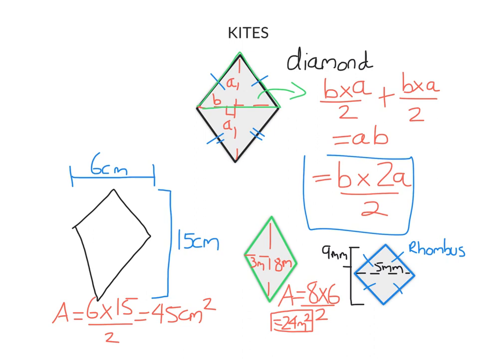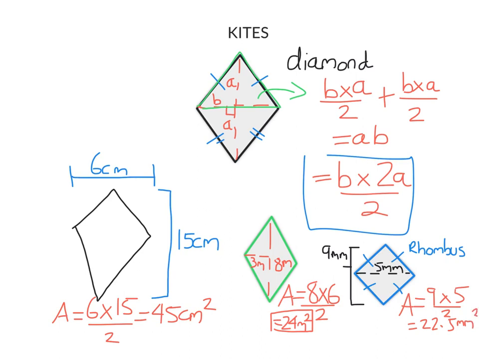A rhombus is basically a square that is slanted. So the way we would find the area of this rhombus, we just use the area of a kite formula. It would just be two diagonals multiplied together and then divide by 2. The answer we get here is 22.5 millimetres squared.